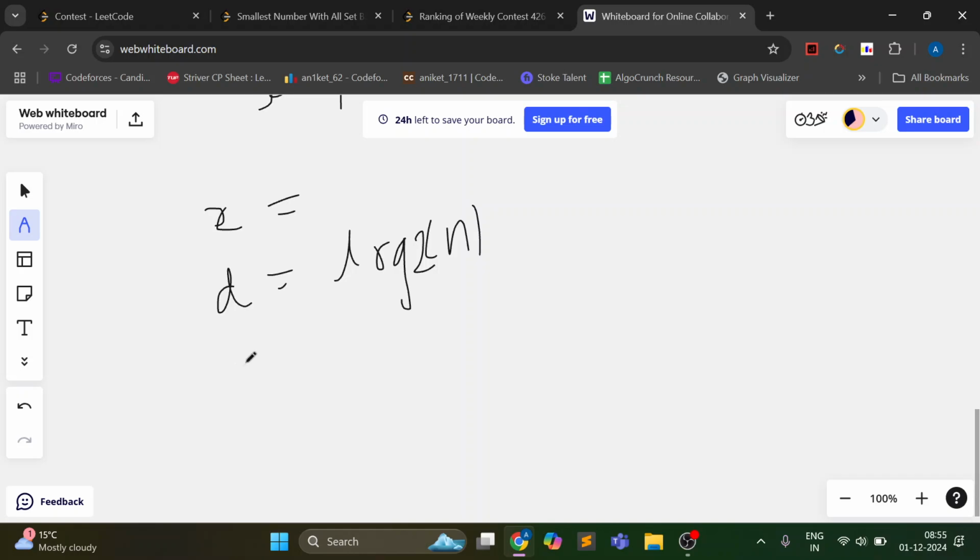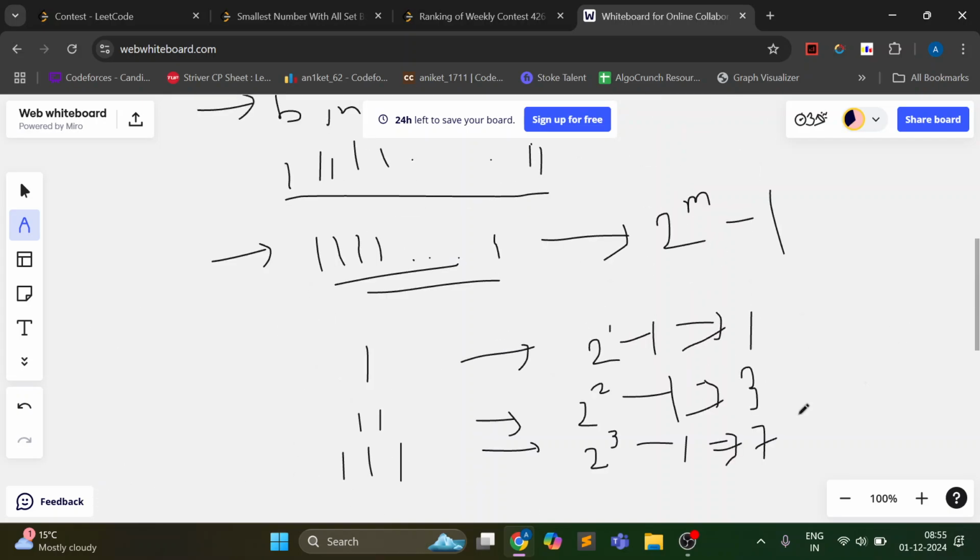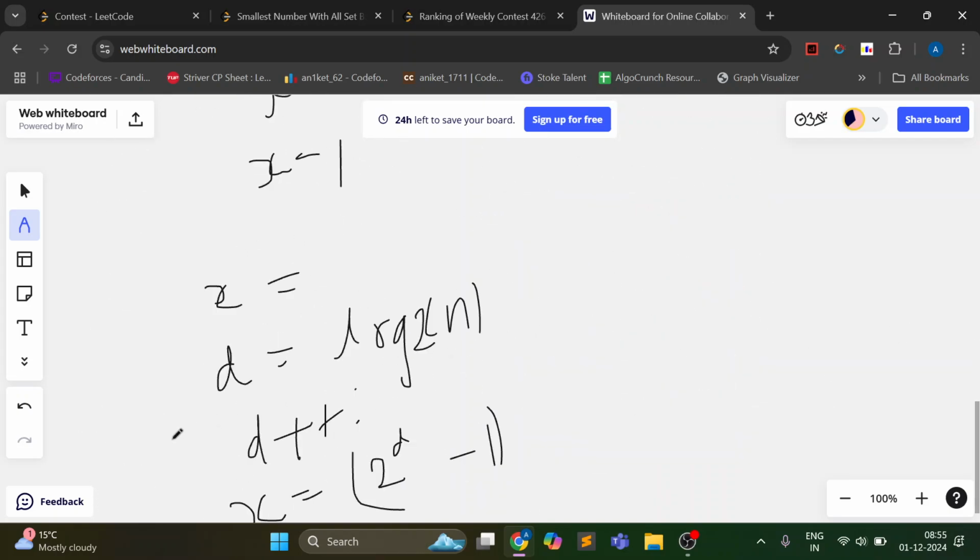Now if you want to find its greater number which is of power 2, we increment d, and then our x would be 2 raised to power d minus 1. So this is the solution based on this observation. I wouldn't say these are observations, these are just properties.